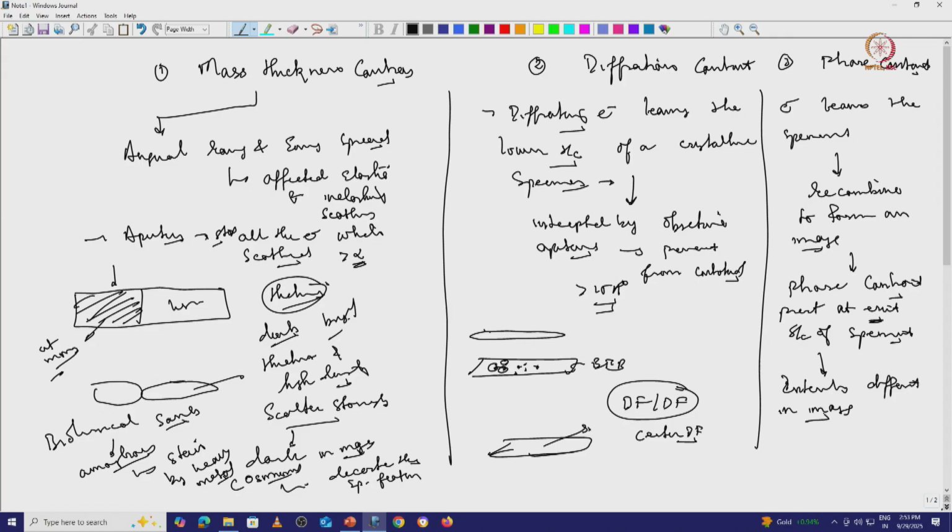Okay. So, usually this phase contrast is used if you have a sample feature that is less than 10 angstroms. Okay. So, these are the different types of image contrast which we can get in a transmission electron microscope.